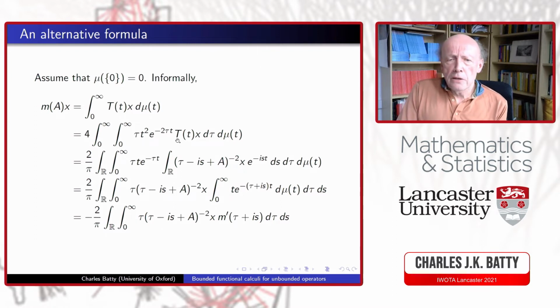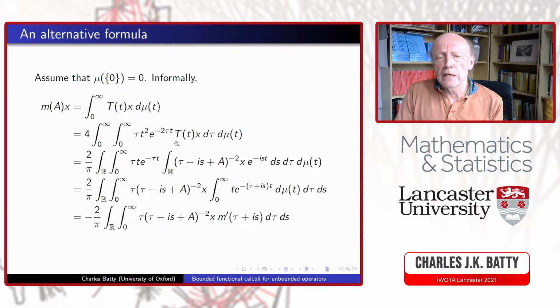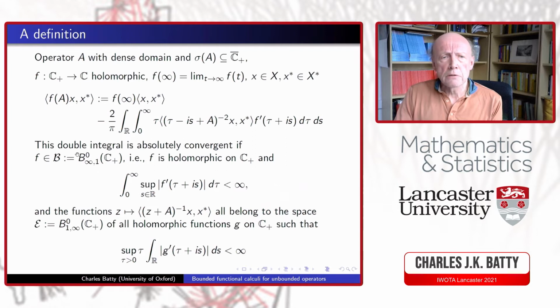And then you can differentiate this and get that t times T(t) has Laplace transform equal to the derivative of the resolvent, which is how you get a second power, minus 2 power, coming in here.